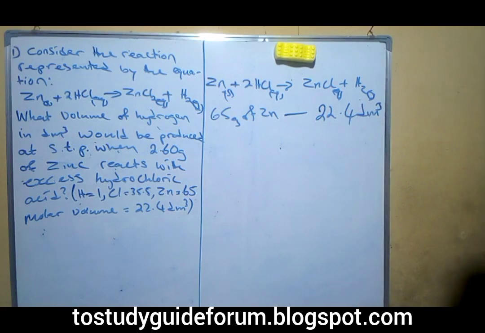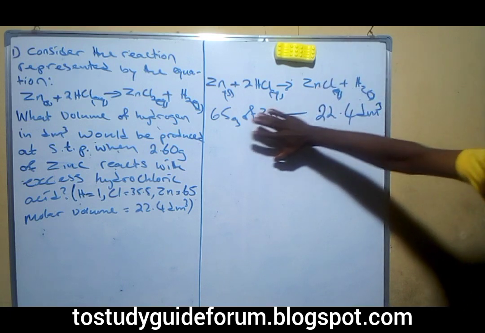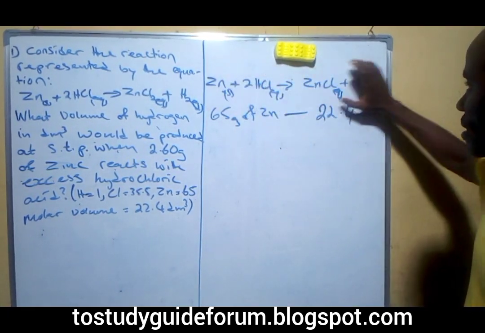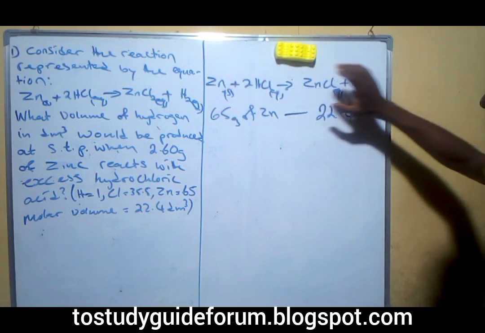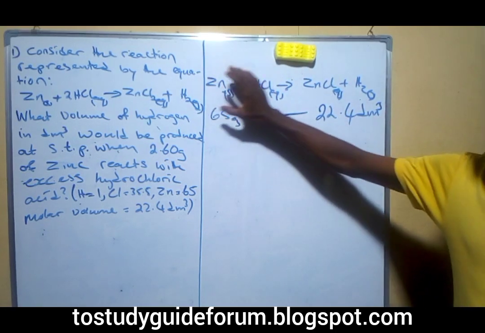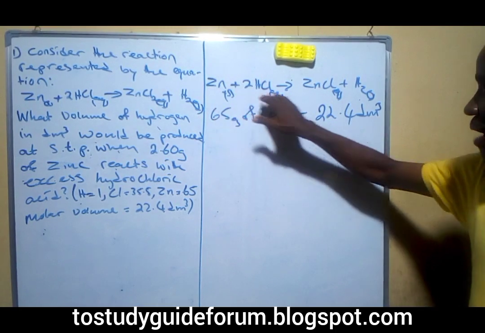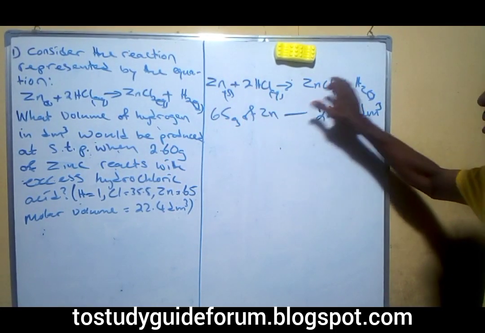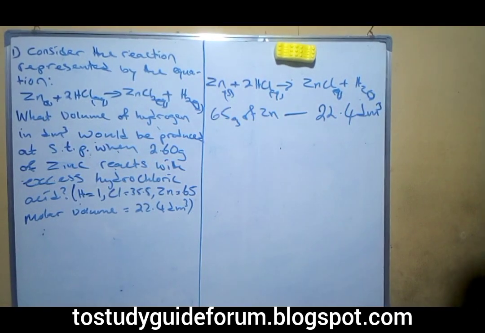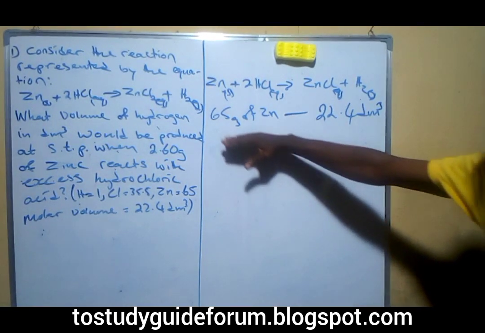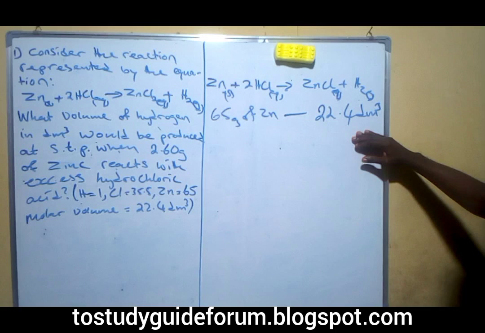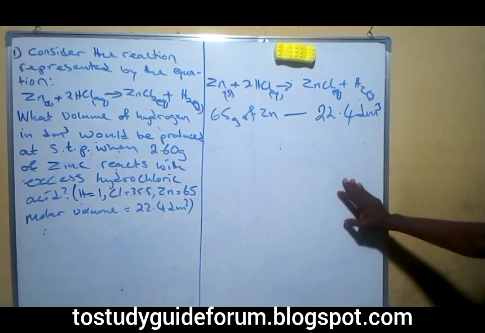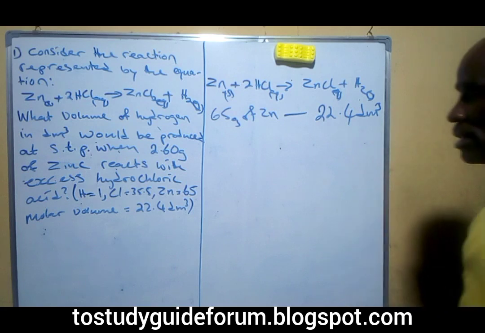That is what we have from looking at this chemical equation, which means this is at standard temperature and pressure. So this is what we have at standard environment when the temperature and pressure remain constant at STP.